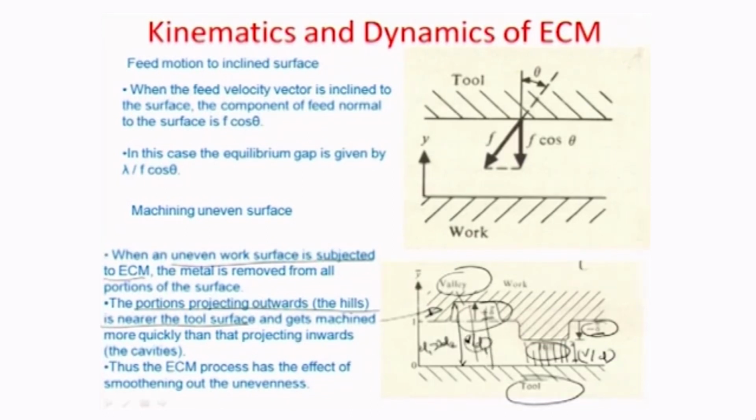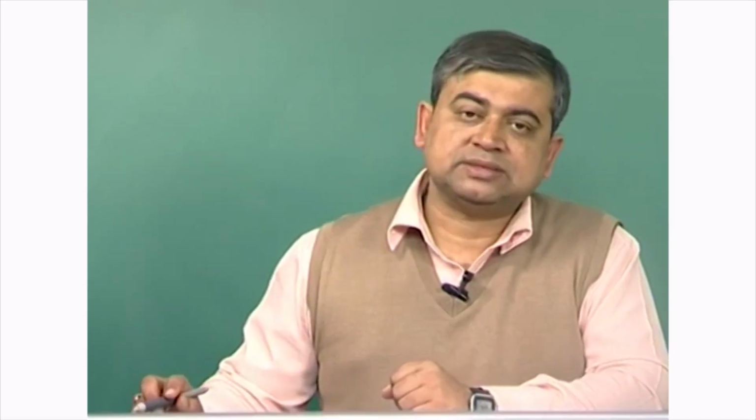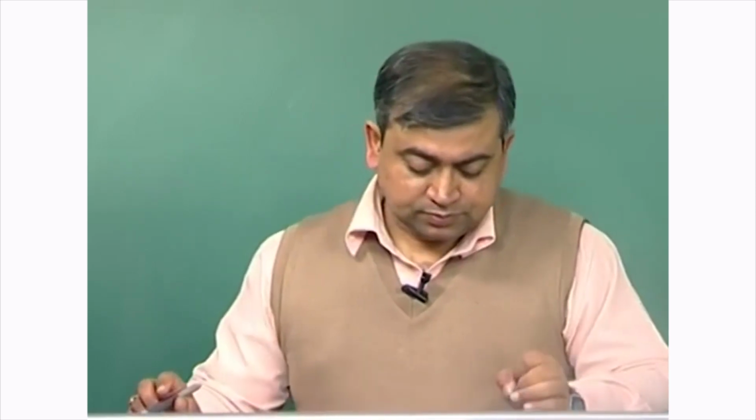As you know, electric field and current density are directly proportional to each other, and current density is the cause of movement of ions, or machining. Therefore, current density is very high where the field is higher, and very low where the field is lower. So this part gets dissolved away at a faster pace and this at a slower pace, eventually equilibrating on the same surface. This is the same as saying that ECM is a die sinking process, as we have mentioned many times before while introducing this topic of ECM.